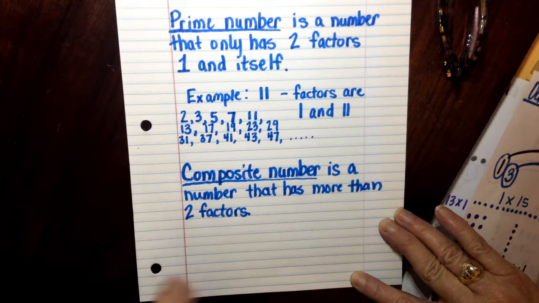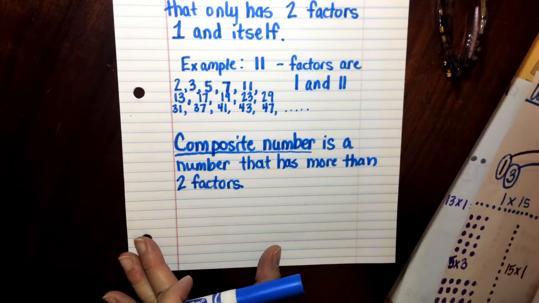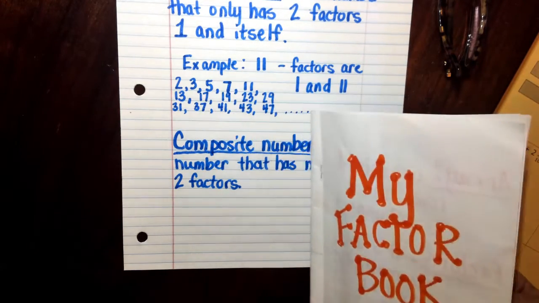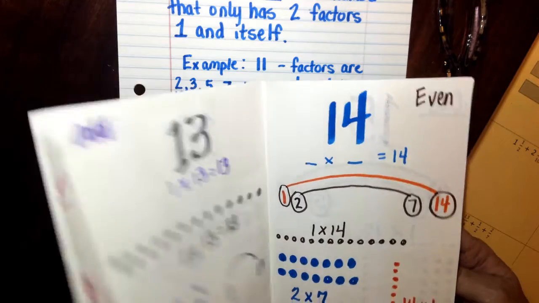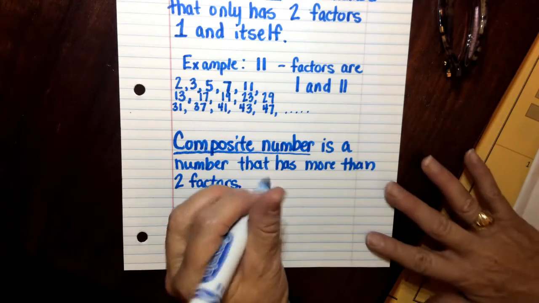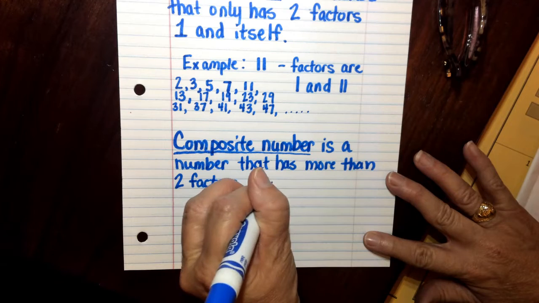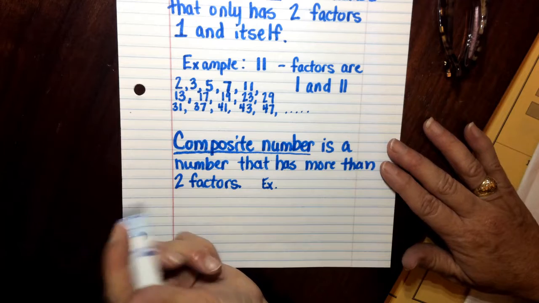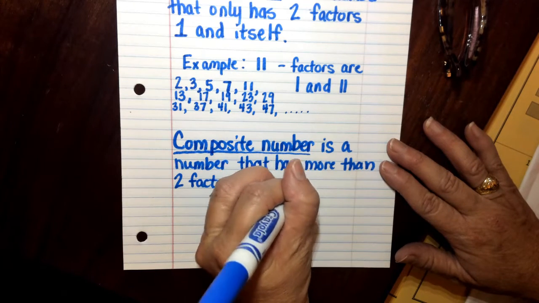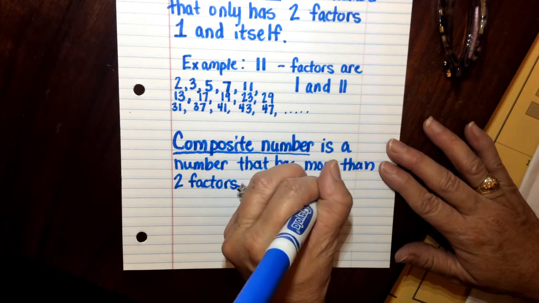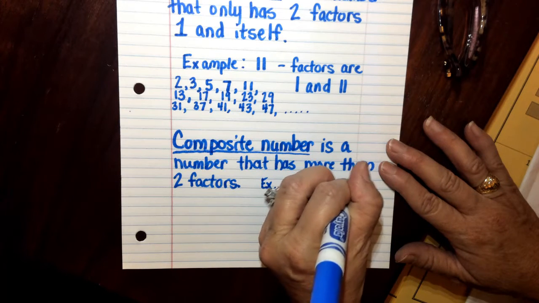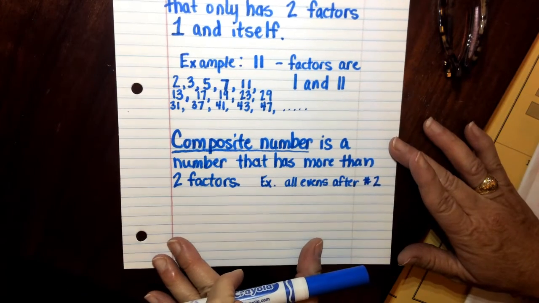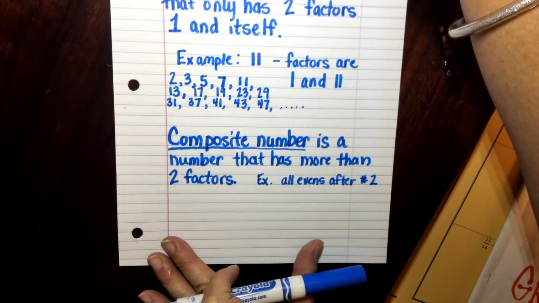And so if we go back and we think about composite numbers, that would basically be all of the other numbers that we're not going to identify as prime in our factor book. So some examples would include all evens after the number 2, because number 2 is the only prime number that is even.